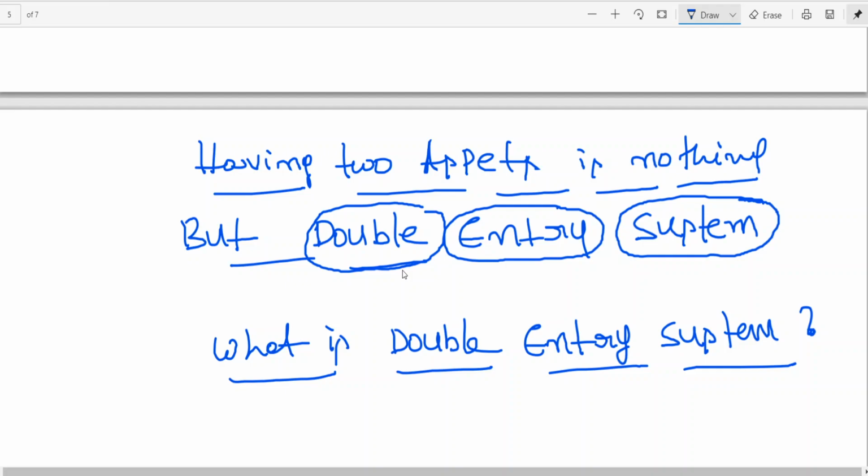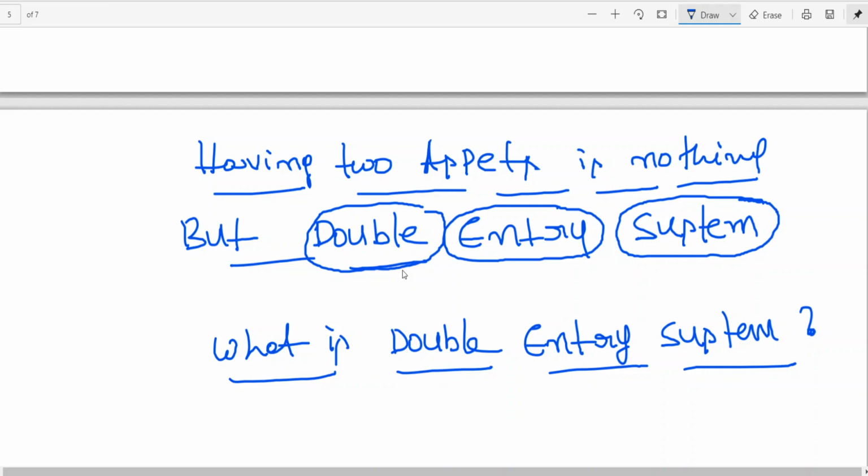Then under double entry system, from here onwards, the real subject starts. For these three classes, I think this is the fourth class, whatever we have seen so far is only about the basics. Those who can connect to this, I think you all can easily follow.